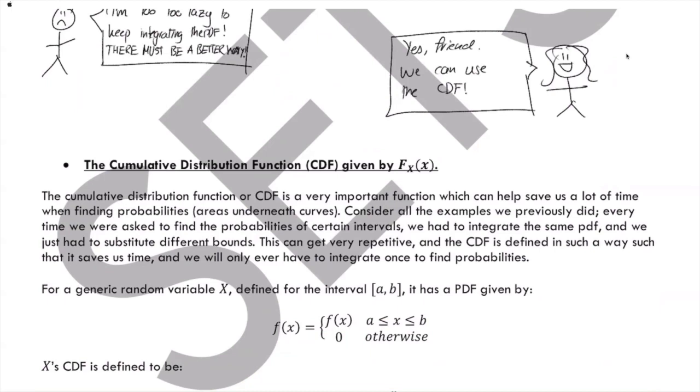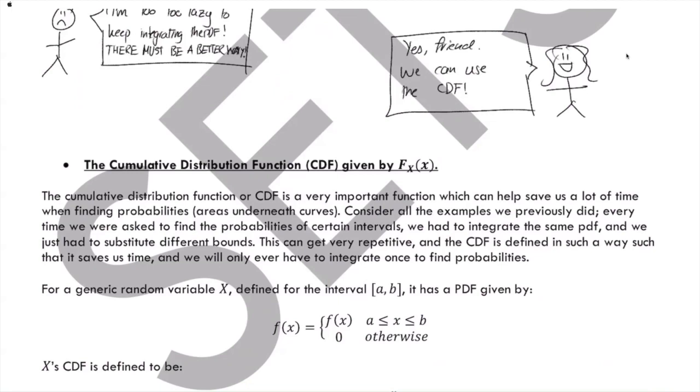Consider all the examples we previously did. Every time we were asked to find the probabilities of certain intervals, we had to integrate the same PDF, and we just had to substitute different bounds, as Dion said. This can get very repetitive, and the CDF is defined in such a way that it saves us time, and we'll only ever have to integrate once to find the probabilities.